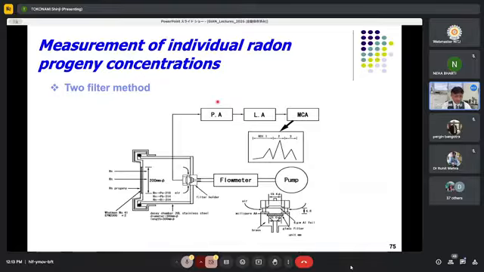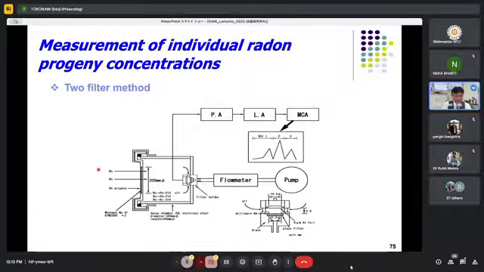This is a radon measurement technique, but actually, this technique is used for radon gas measurement. We call it the two-filter method. There are two filters, upstream and downstream. This is a vessel, the decay chamber.